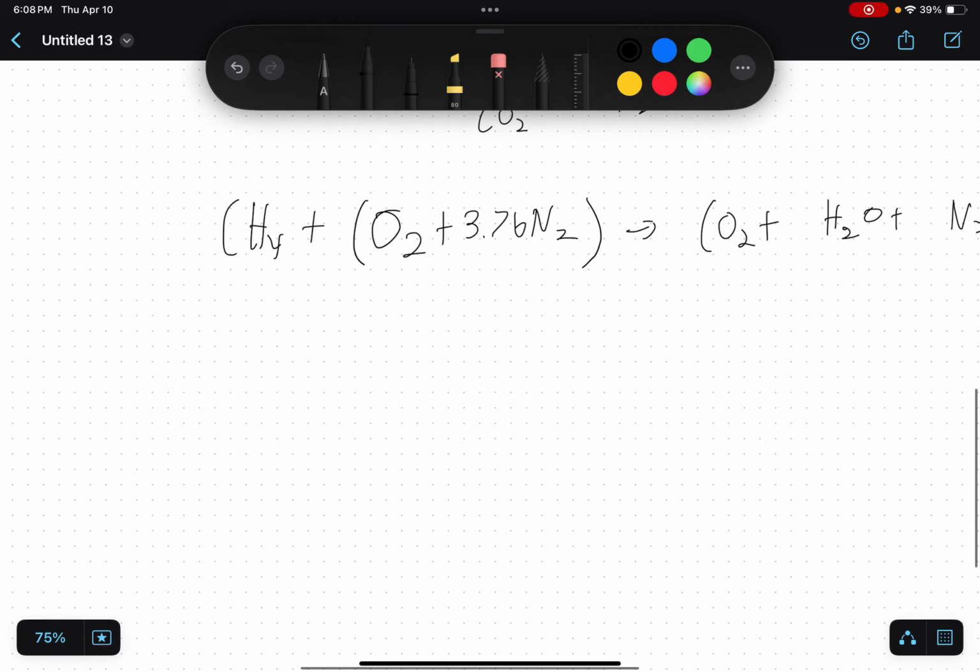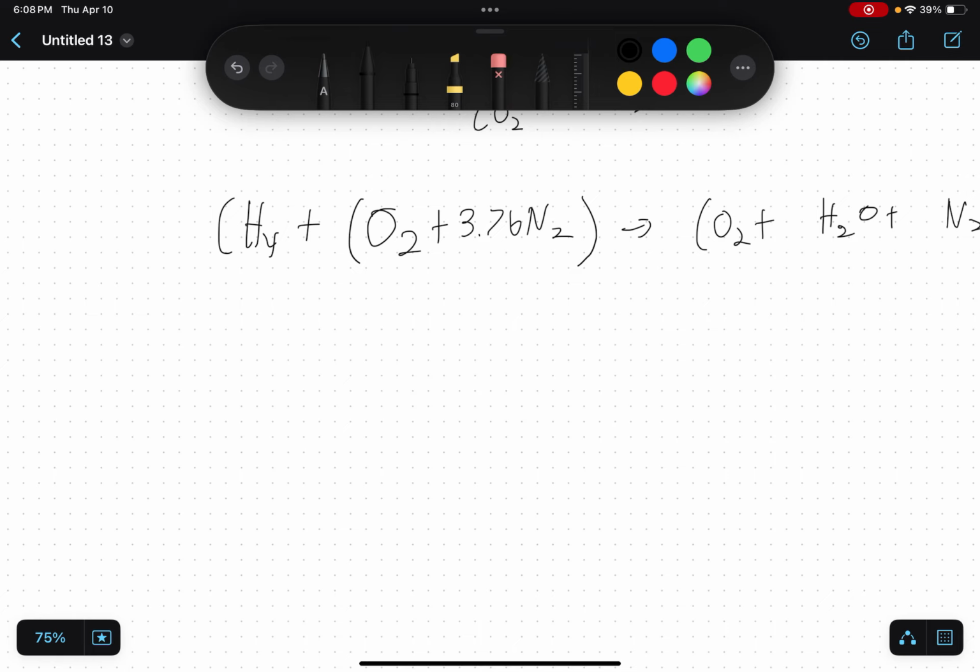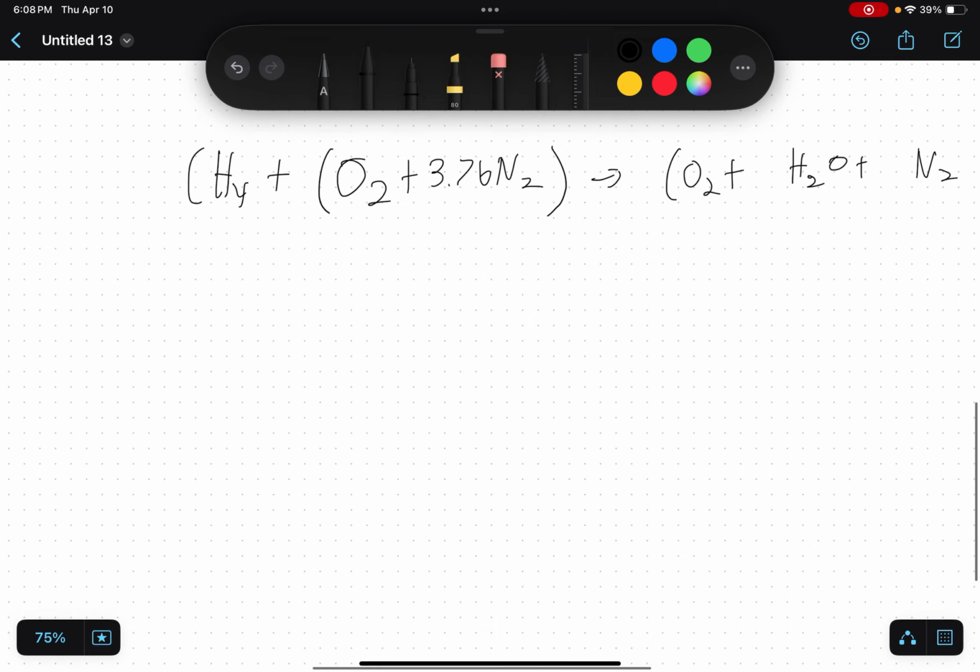So if we do the ratio, we have 1 mole of oxygen, 3.76 moles of N2. It's 1 over 1 plus 3.76. That equals about 0.21, which equals 21%. And in air, 21% by mole of air is oxygen. So that's the math for that.